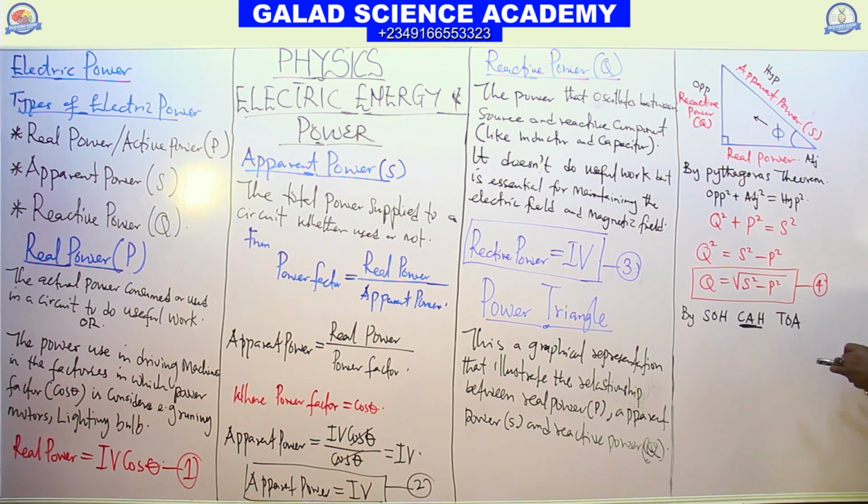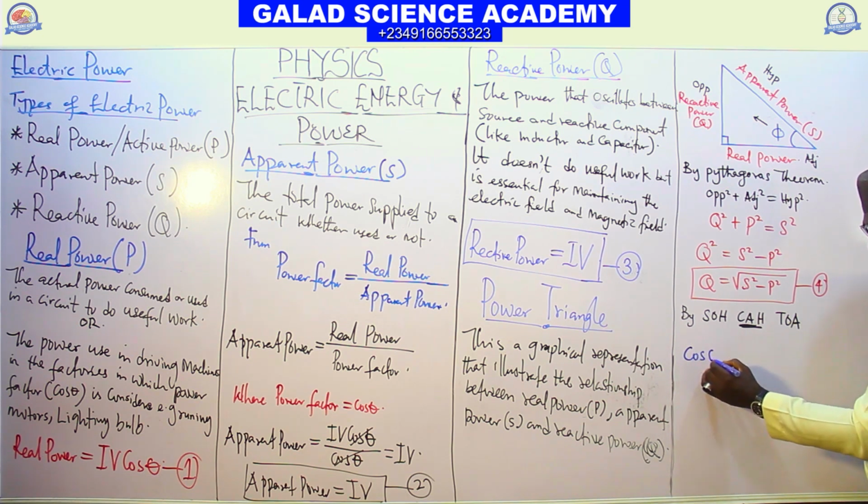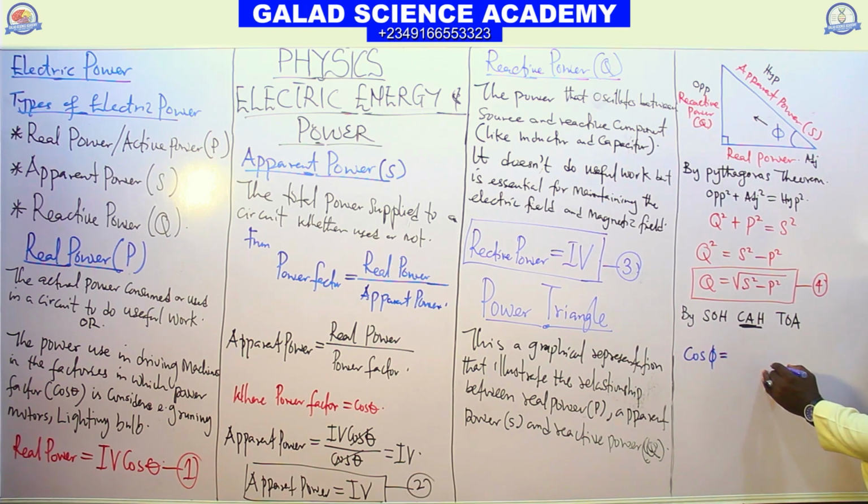If we take cos theta, cos of the first angle will be equal to adjacent over hypotenuse. Adjacent is real power, hypotenuse is apparent power.